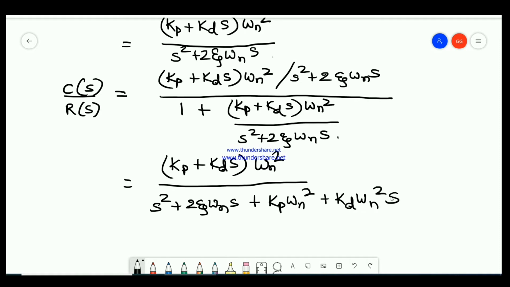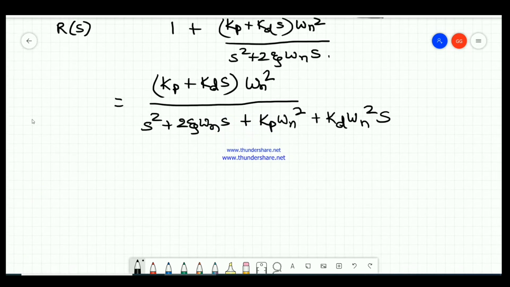Now, 2 zeta omega n s and Kd omega n square s are there, so we take s common in those two terms. So what do we get?